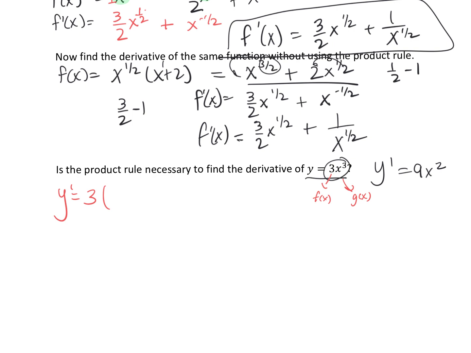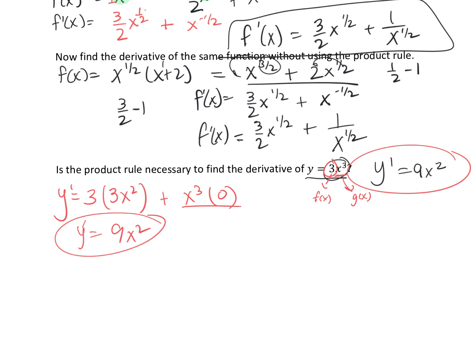It is 3x squared, plus we keep this function the same, x cubed, times the derivative of the first. Well, the derivative of the first is a constant, so it's 0. So this becomes 9x squared, and this is just 0. And so we do get the same thing, but it's not necessary to have that, okay? All right.